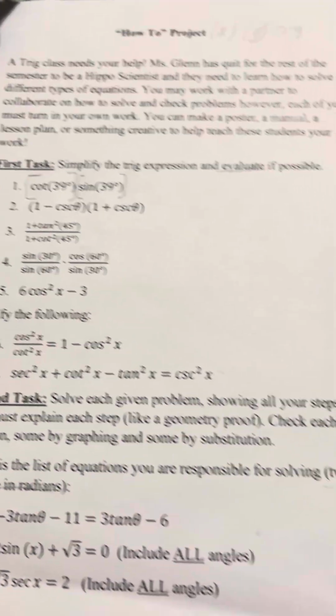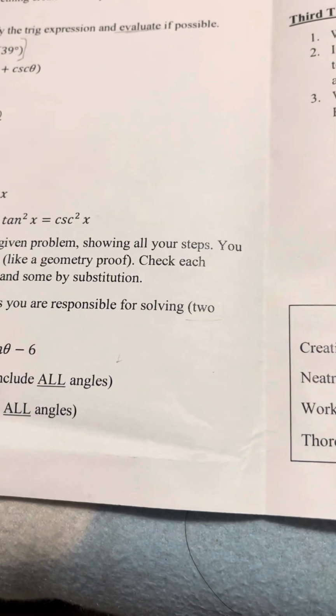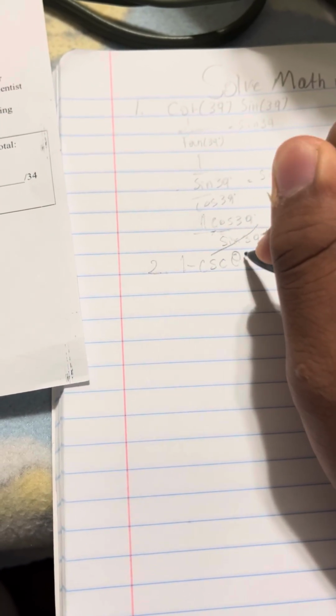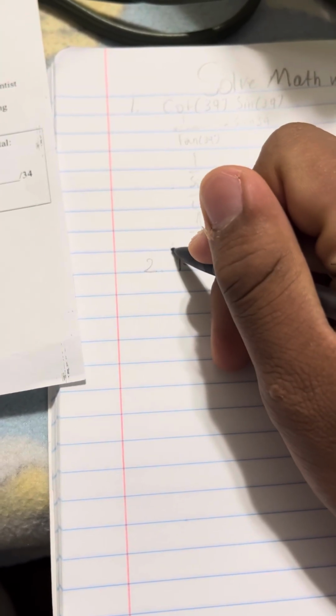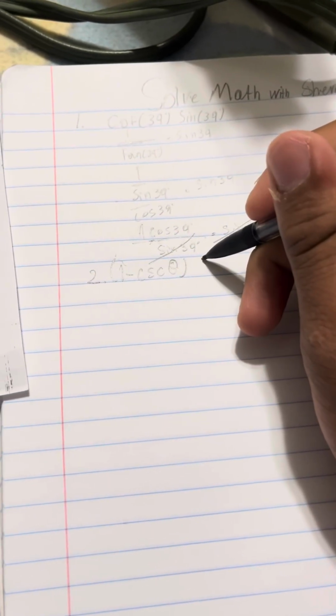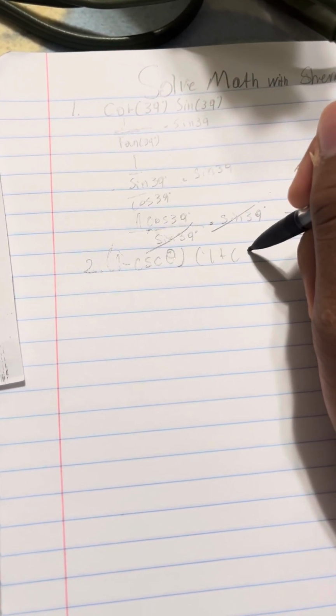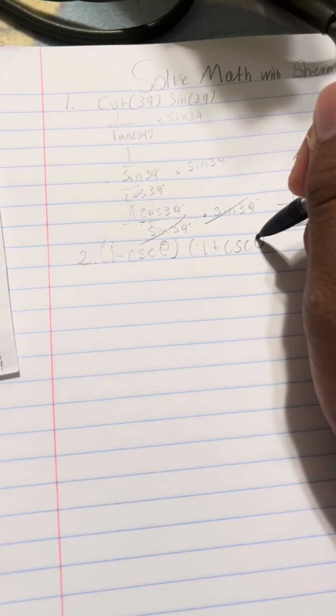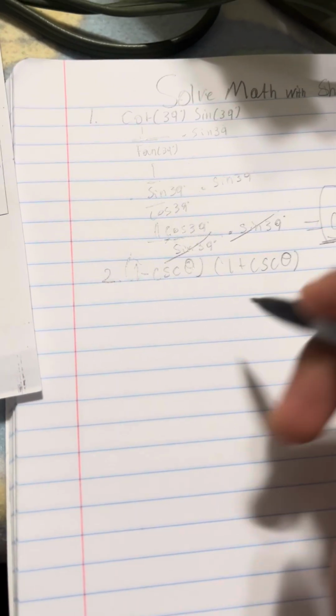Now, number 2. 1 minus cosecant of theta and 1 plus cosecant of theta.